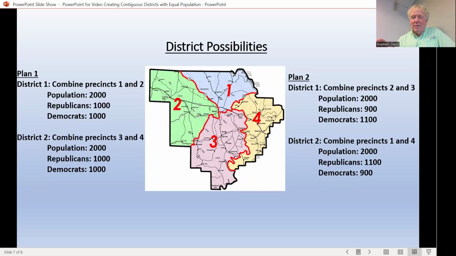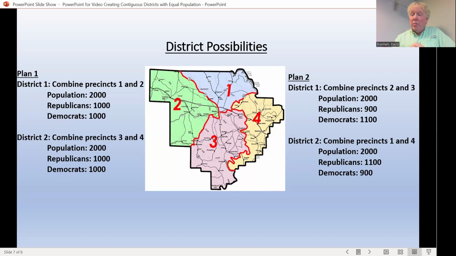Going back to this, your assignment is giving you a lot more possibilities because you have 8 precincts in your assignment and you're creating 4 districts. So you'll have more possibilities than this example that I gave. And so when you do that, when you combine those precincts, make sure you add up the populations.